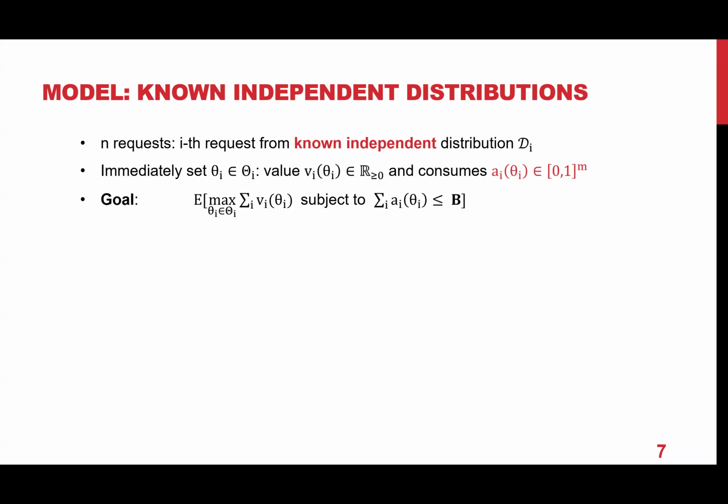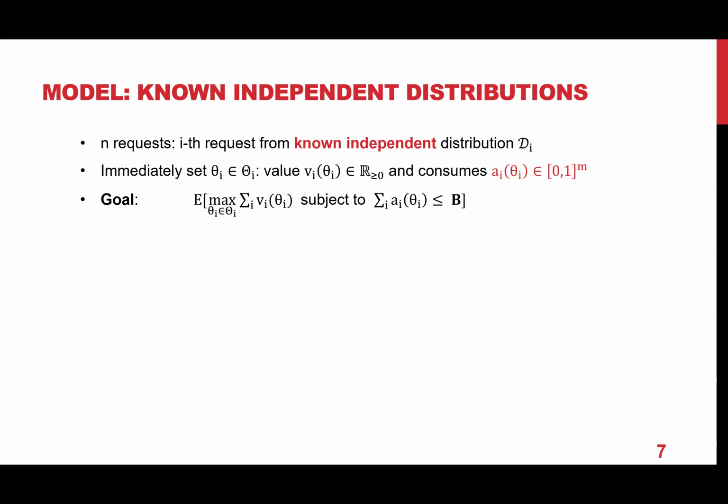In the matching world, it would basically mean the first request comes, and you have a distribution on what potential edges would be incident to this vertex and what the weights of these edges are. So there's a joint distribution on the edges and the weights. And then your algorithm has to immediately make a decision where to match it. So you have known independent distributions.